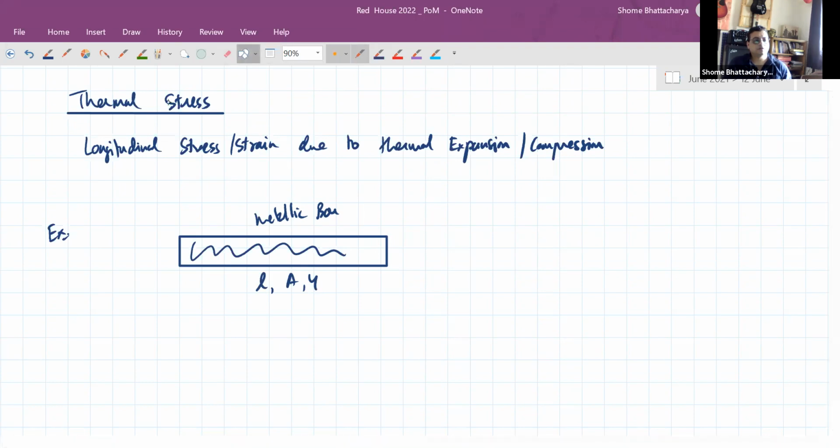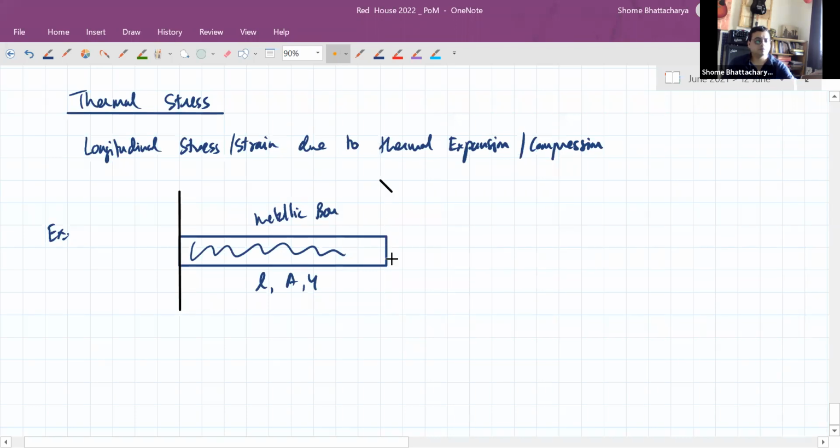But it's fixed between two rigid walls such that it just about fits between them without any stress at a certain temperature.